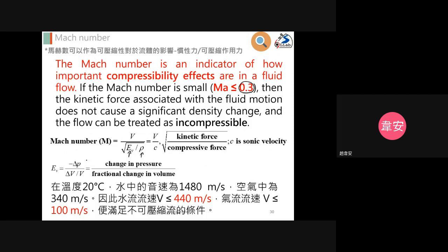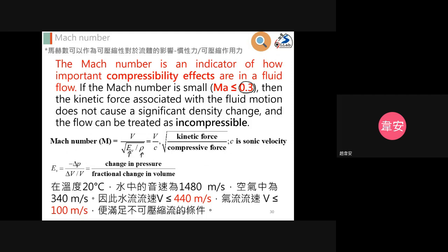So you see that at a temperature of 20 degrees, the sonic speed in water is 1480 meters per second, and the sonic speed in air is 340 meters per second.